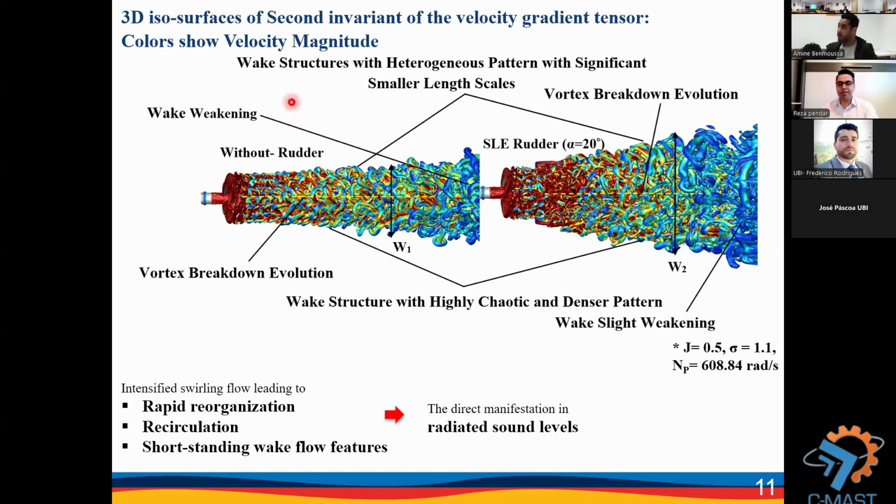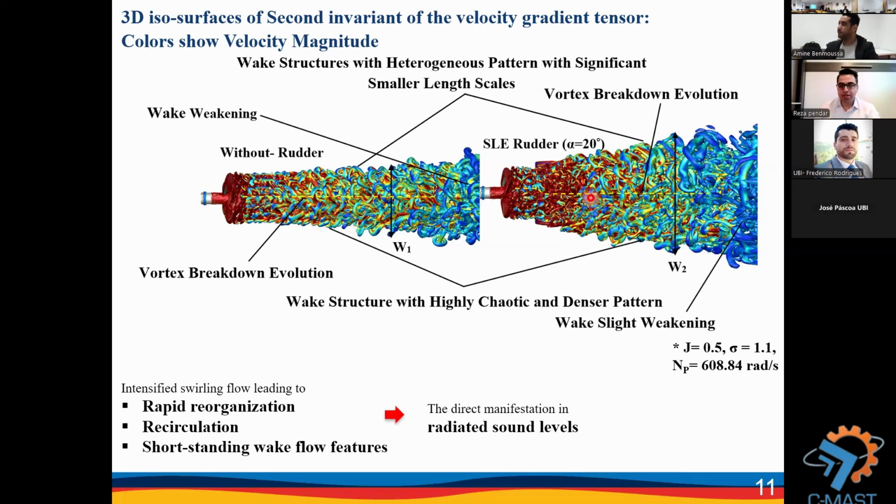You can see, compared to the previous slide, that by intensifying the swirling flow, you can see very rapid reorganization and recirculation patterns and small size vortex structures.